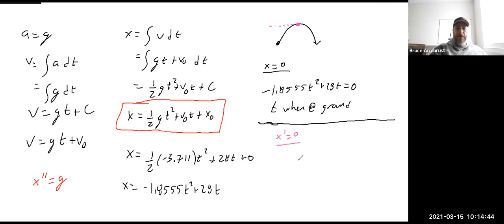So I'm going to set x prime equal to 0. Well, x prime is minus 3.711 t plus 28. So I set that equal to 0. This t is my t when I'm highest.